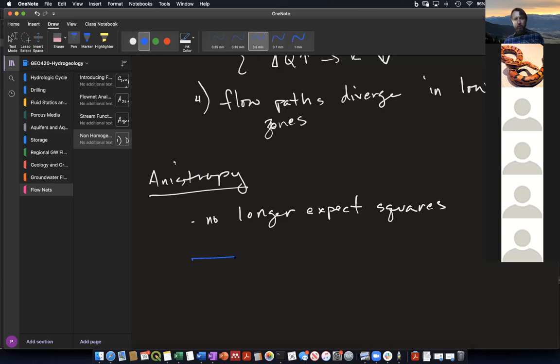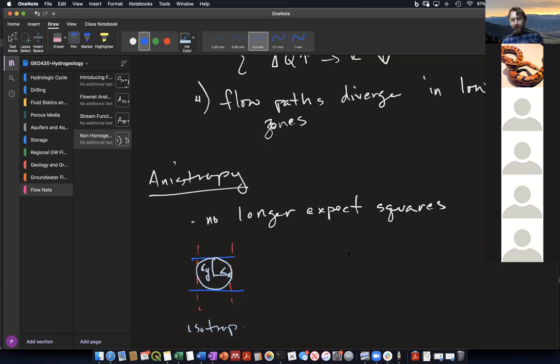We've got two stream tubes, and here's our head contours. So this is just one square of our flow net. And this is a curvilinear square for a homogeneous media. And that says the radius in these two directions are set by Kx and Ky. So this would be an isotropic media.